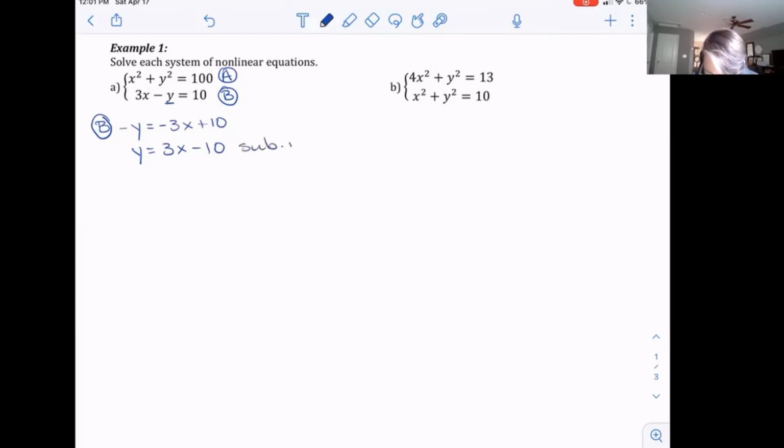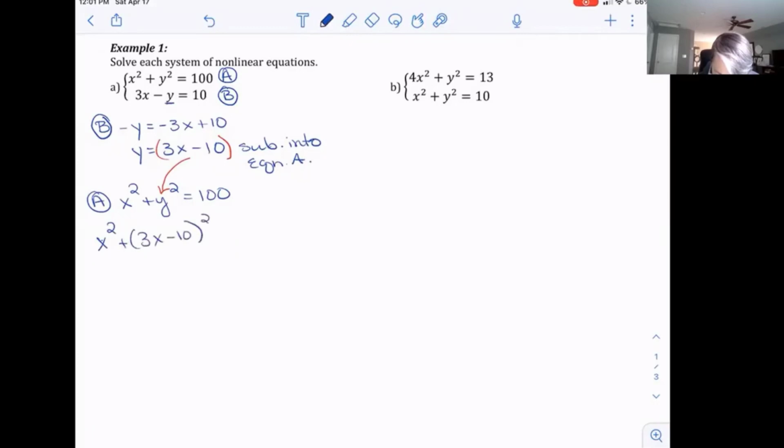We were going to substitute into equation A. So remember, equation A is x squared plus y squared equals 100. So we're going to take that binomial that represents y, and we're going to plug it in here for y. So we get x squared plus (3x minus 10) squared equals 100.